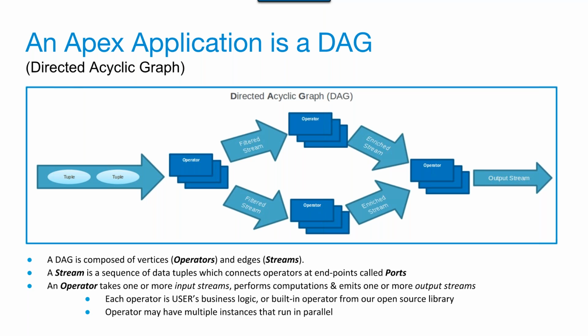Now let's move on to what an Apex application is. An application is represented as a DAG, a directed acyclic graph, which is composed of vertices and edges. Vertices are represented as operators and edges are represented as streams. A stream is a sequence of data tuples. Tuple means any serialized object.